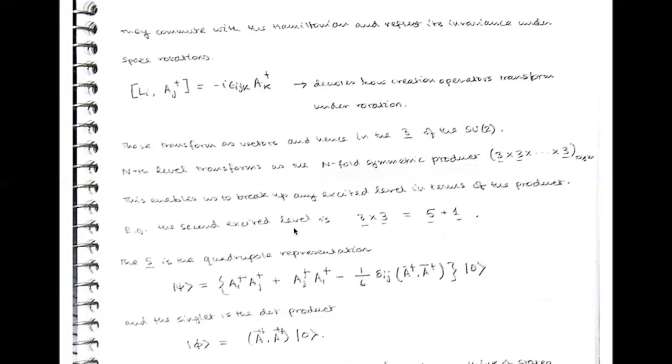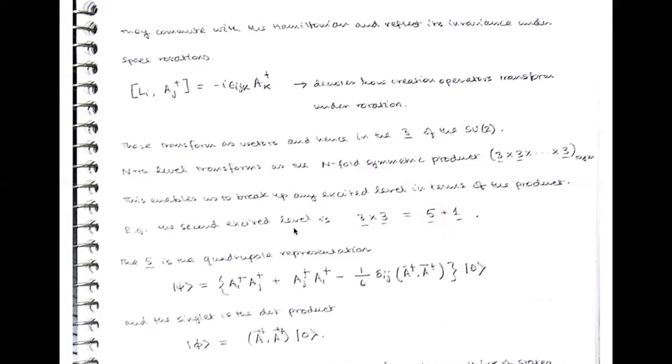So this is going to be 3 cross 3 cross 3 and so on, taking the symmetric part of it. This is going to enable us to break up any state in terms of the product. For example, if you look at the second excited state, it's going to be 3 cross 3. 3 cross 3 is 5 plus 1.